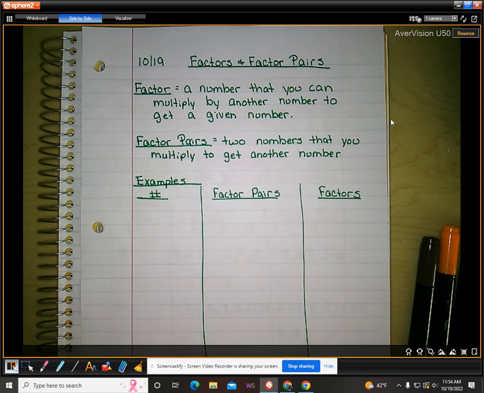So, a factor is a number that you multiply by another number to get a given number. We'll do plenty of examples of this, but a factor is basically those numbers that you multiply to get another number.